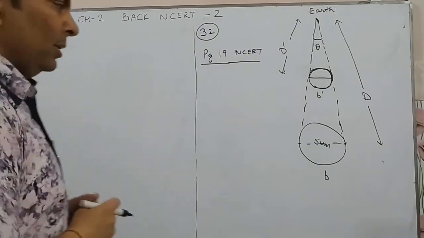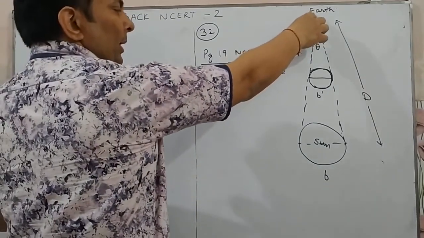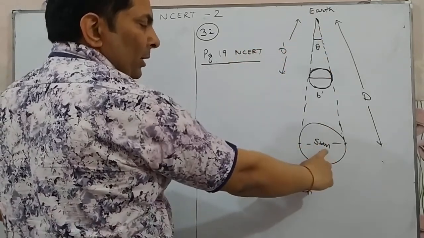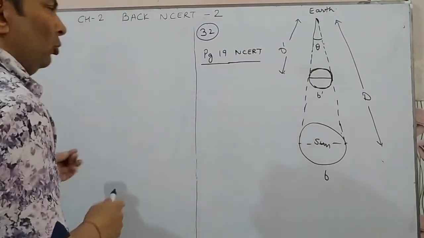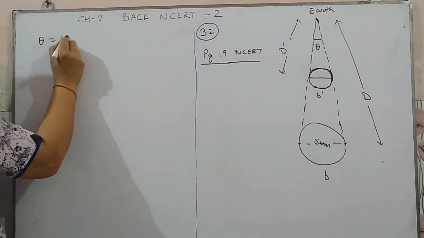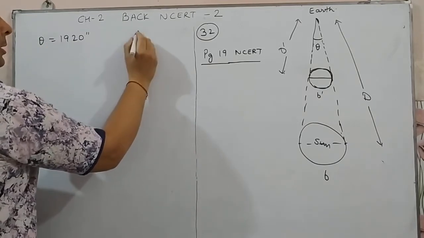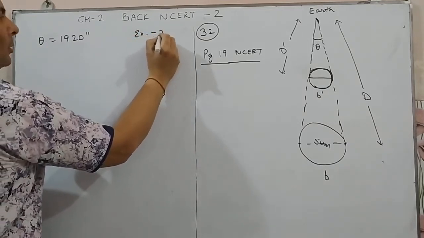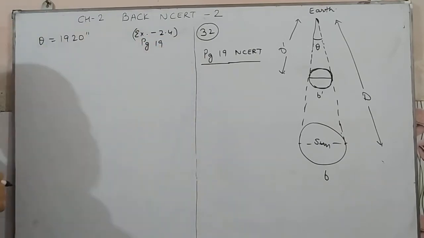So first we'll understand what the problem is here. We have assumed that this is the Earth and we have taken the angular diameter of the Sun for the parallax question. This theta comes out to be 1920 seconds. It is taken from example 2.4, page 19.